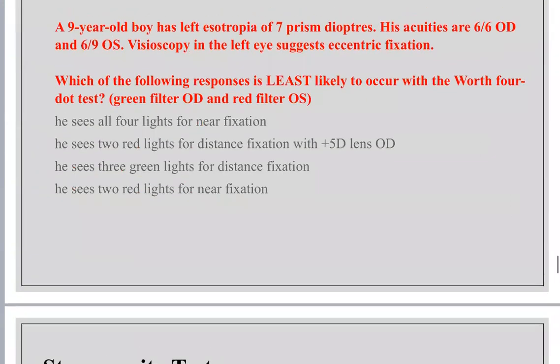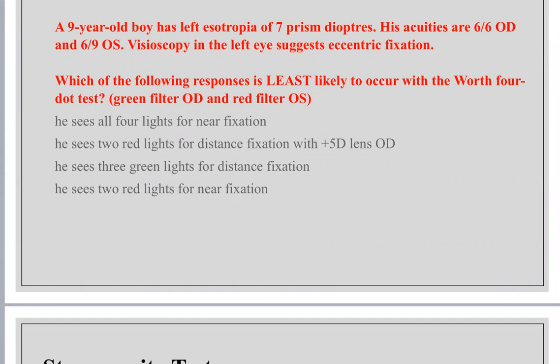Okay, a 9-year-old boy has a left esotropia of 7 prism diopters. His acuities are 6/6 OD and 6/9 OS. Visuoscopy in the left eye suggests eccentric fixation. Which of the following responses is least likely to occur with the Worth 4-dot test, green filter OD and red filter OS?